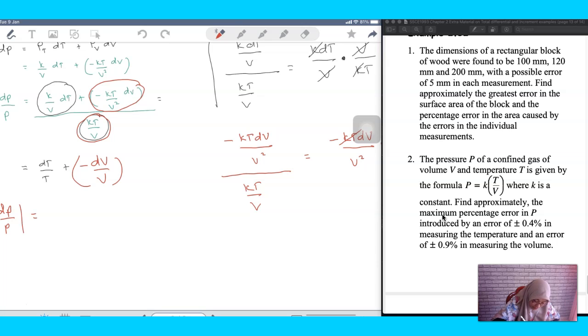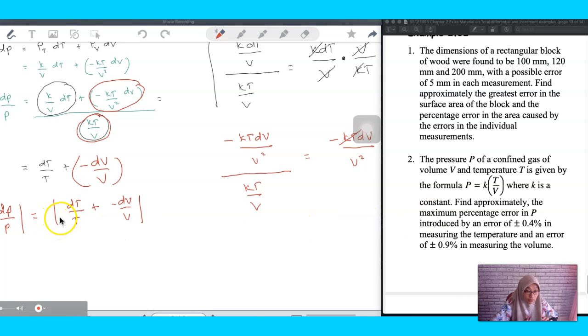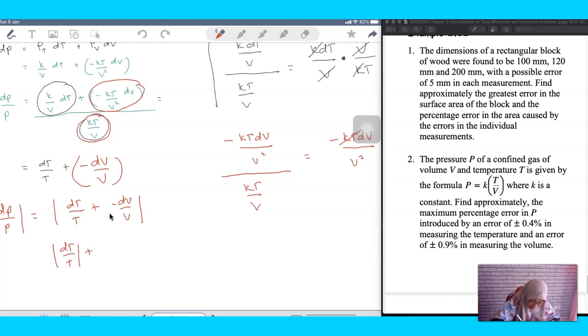So when you put the absolute sign, you have dt over t plus negative dv over v, and I just put the 100% later. Now remember, when you have absolute, you have to split term by term. So this becomes dt over t absolute plus negative dv over v absolute.